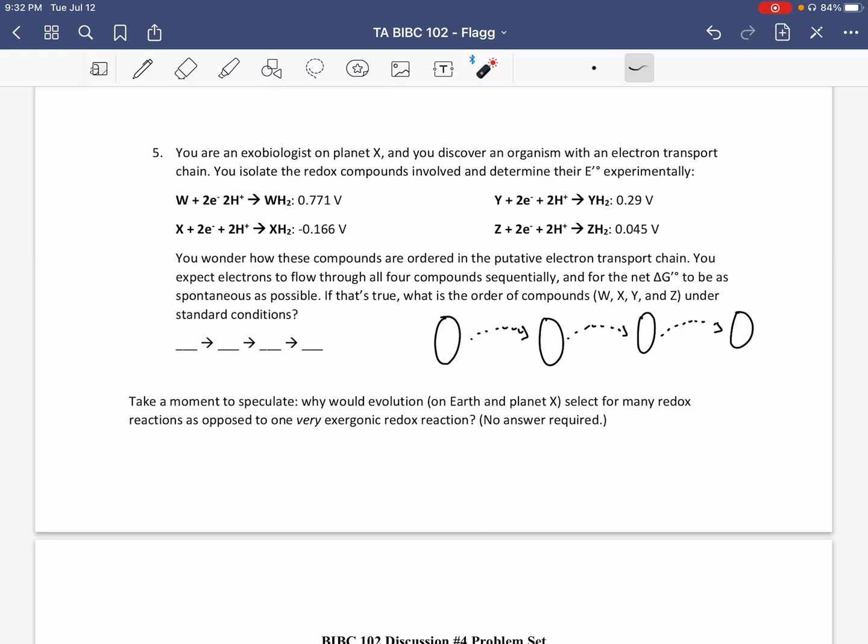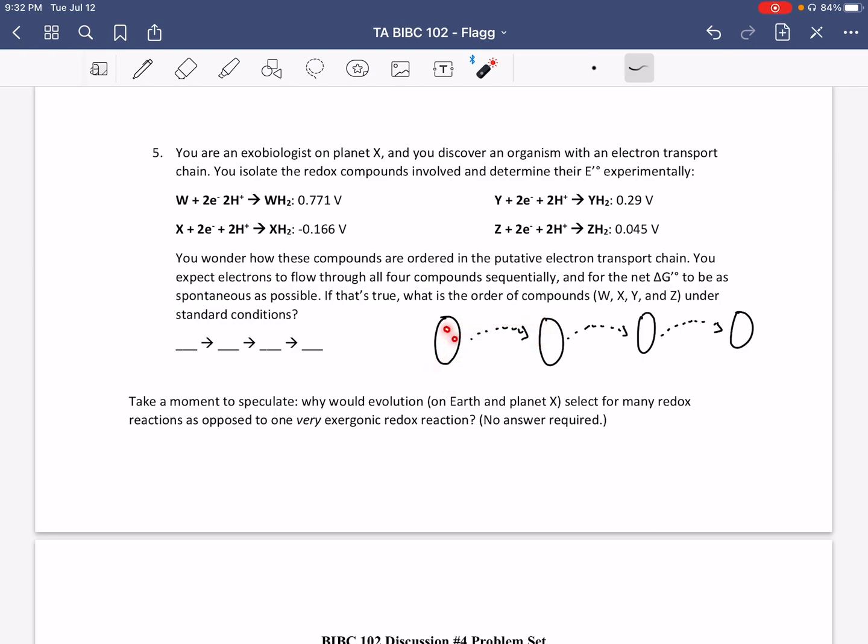Because if you think about it, if we want electrons to move from this compound to this compound, or this complex to this complex, then this complex needs to have an electron potential that is more positive than this one, right? Because if this one had a reduction potential that was more positive, its electrons would not want to go here.